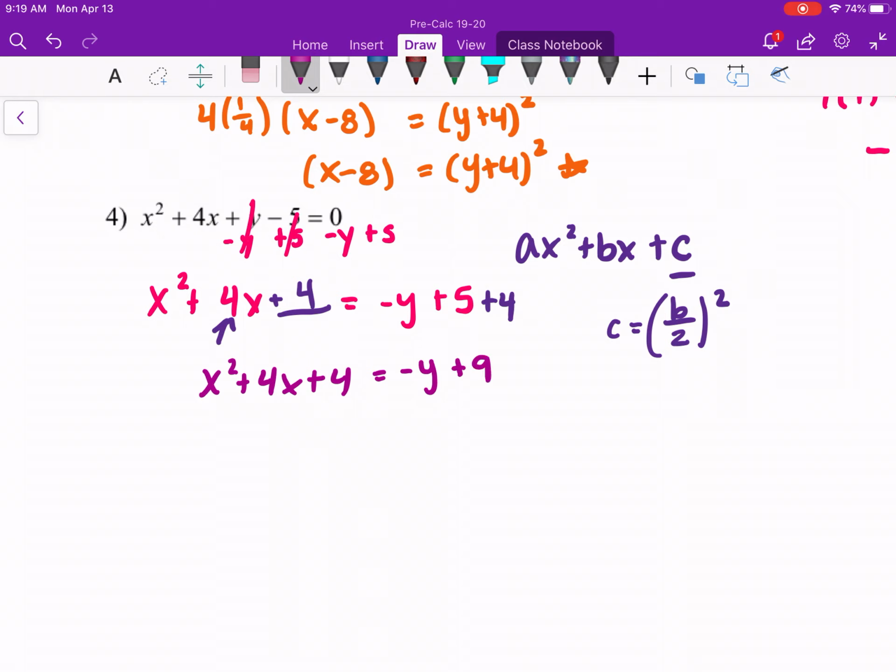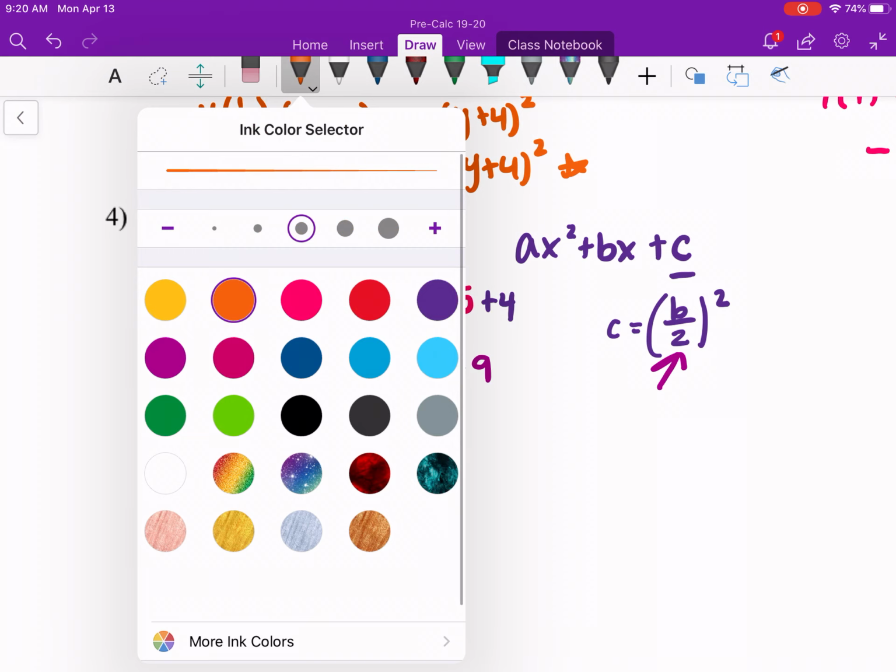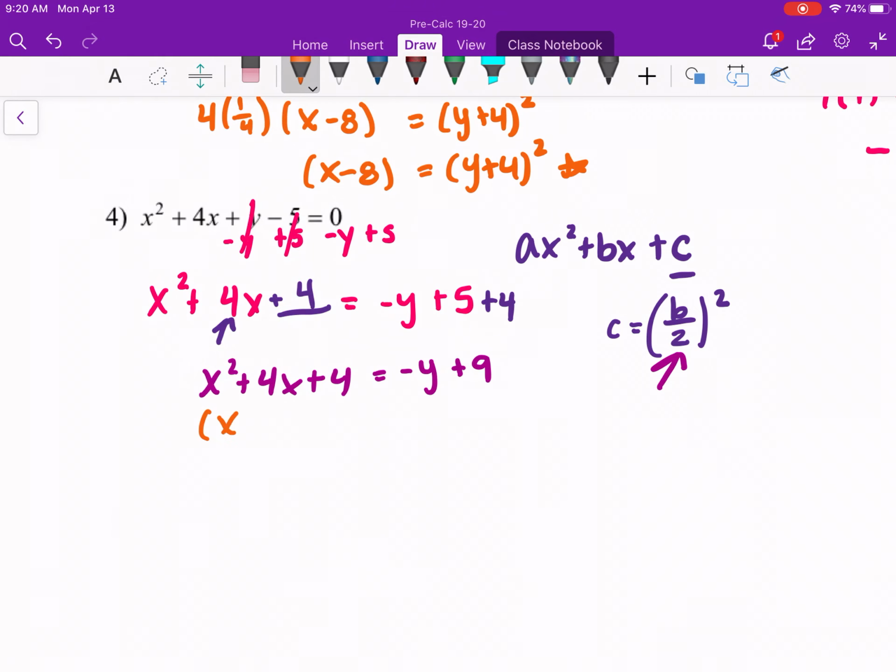And so now I'm going to factor the quadratic on the left. Again, you shouldn't have to think very long or hard for what these numbers are because you created it. Everything comes back to that b divided by 2 number. You could, in theory, write it out as x plus 2 times x plus 2, because 2 plus 2 is 4, 2 times 2 is 4.